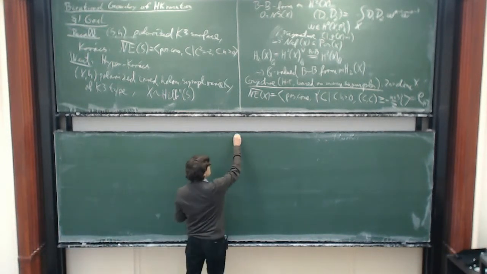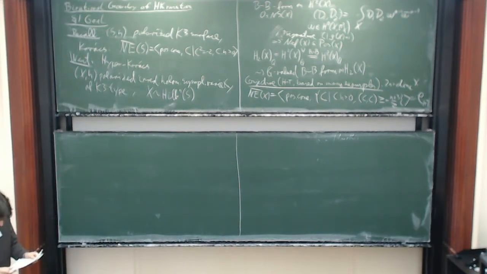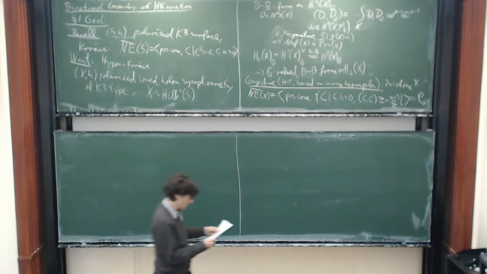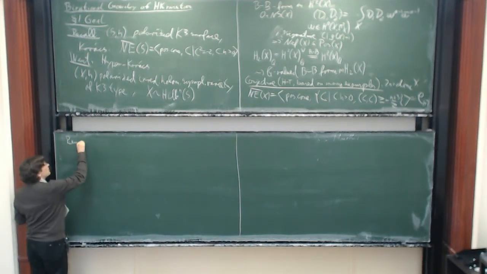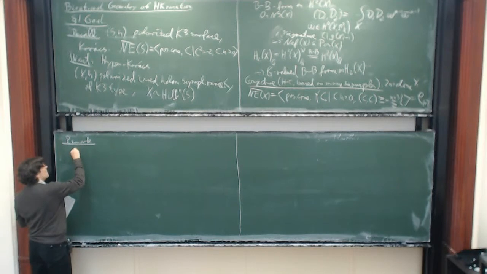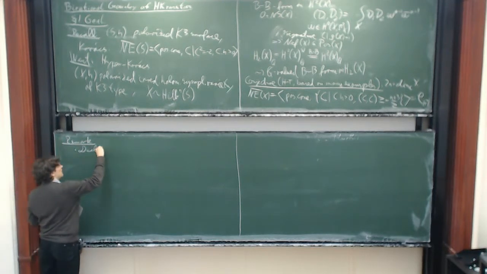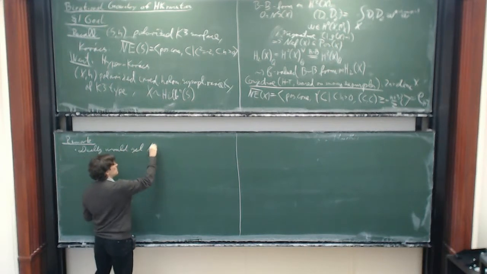Actually, it's true in small dimension, but we'll need a little bit more data. Before describing the actual result, let me make some remarks. Dually we would get the Nef cone of X, of course.